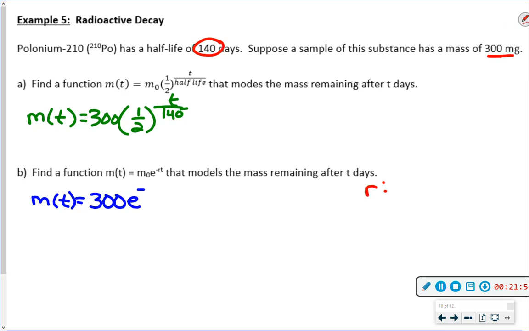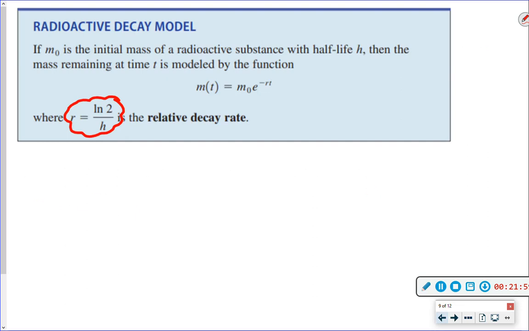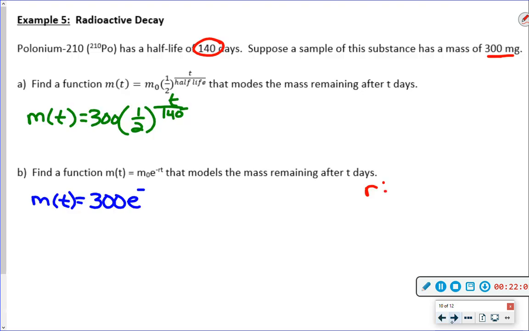So again, rate, look at that. You've got a formula for the rate. The ln of 2 over the half-life. Oh, okay, all right, I can do that. ln of 2 over our half-life of 140. Punch that in your calculator. You can see I gotta look. I clearly don't know what that decimal is off the top of my head. You get negative 0.00495.